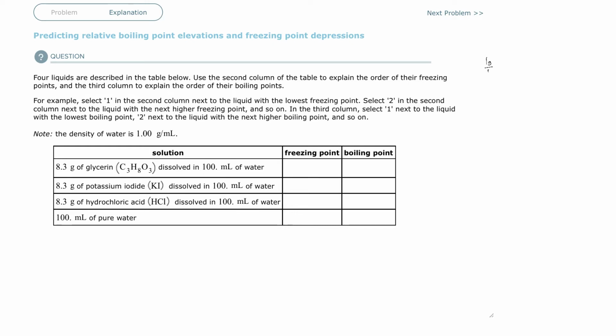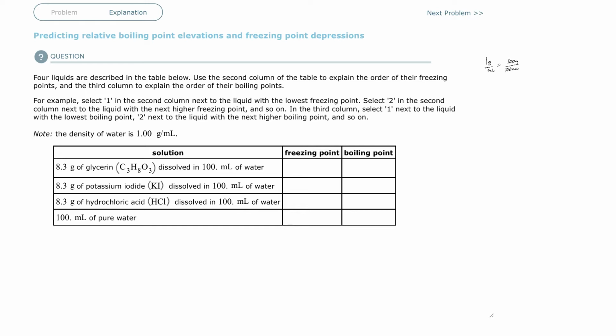So that means you are going to have how many grams in 100 milliliters? Well, if 1 gram is 1 milliliter, then you're going to have 100 grams in 100 milliliters. That makes sense. How many kilograms is that?